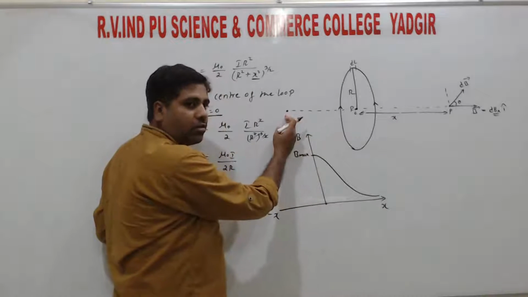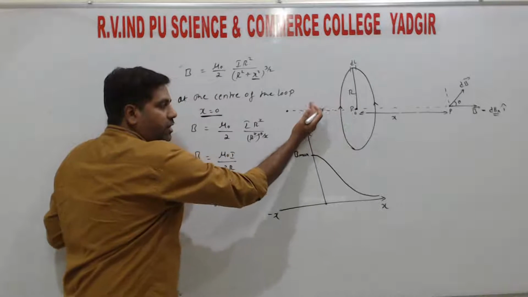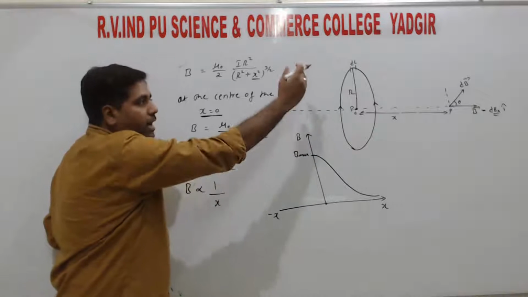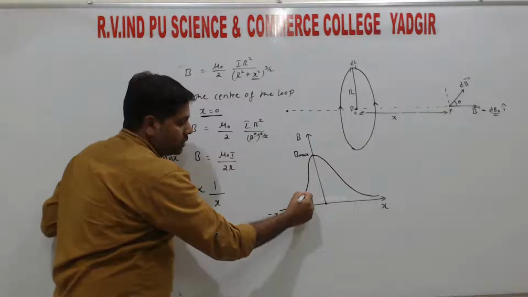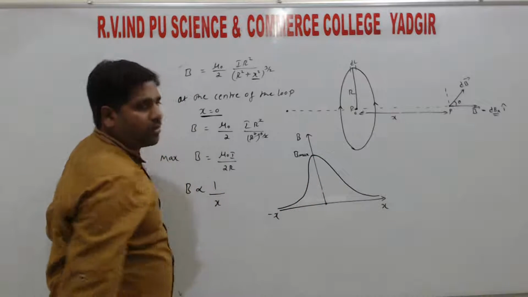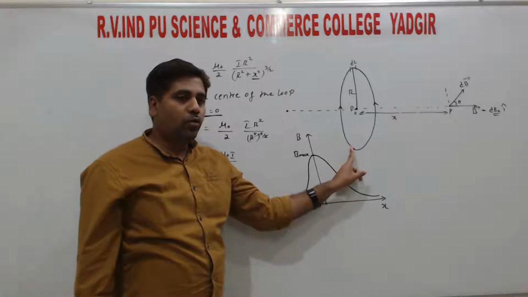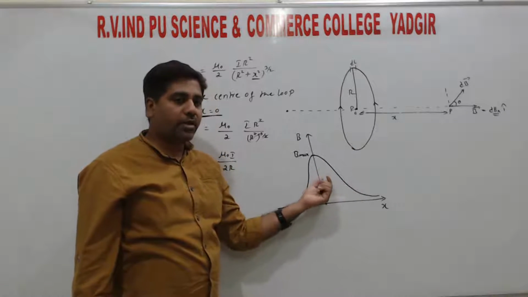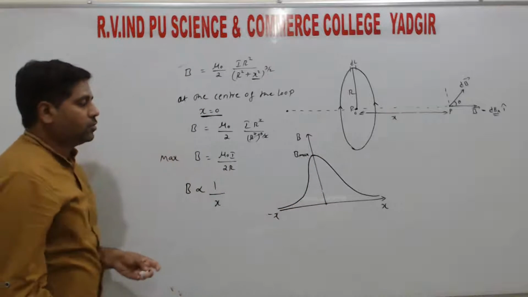Since it is symmetric, on the negative x axis too, as the distance increases, the magnetic field decreases. So we get a symmetric curve on both sides of the vertical axis. This is the graph of the magnetic field for a circular loop.